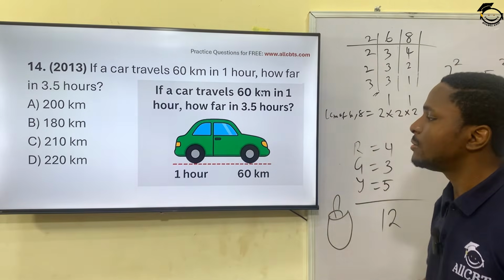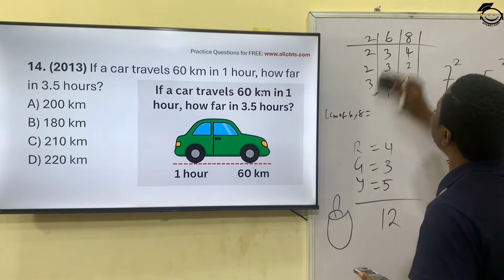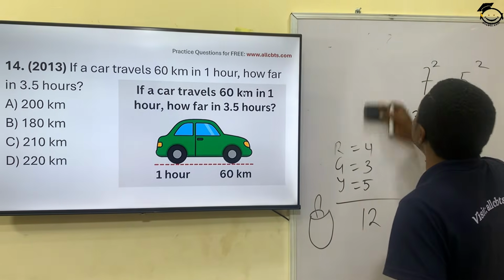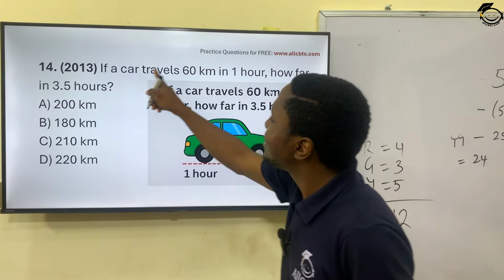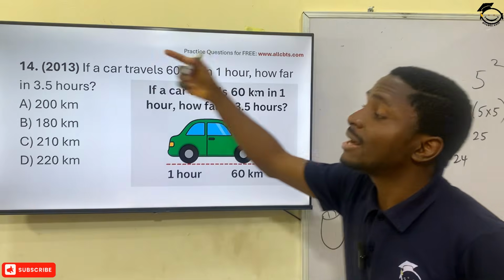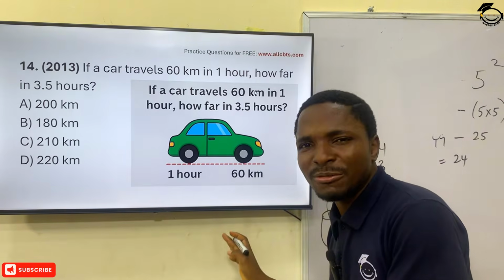Next, question 14 now. You see, I even put the picture of a car for you. How nice, right? So question 14, taken from the year 2013. It says, if a car travels 60 kilometers in 1 hour, how long will it travel in 3.5 hours? We've seen something like this before, yeah?